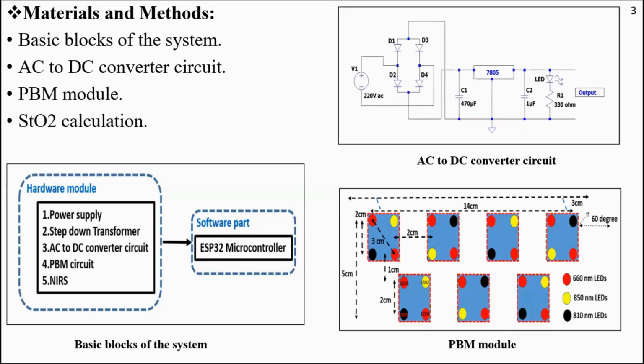In the first row there are 4 blocks, and in the second row there are 3 blocks. Vertically, the distance between 2 blocks is 1 centimeter, and horizontally the distance between 2 blocks is 2 centimeters. Diagonally the distance between 2 LEDs is 3 centimeters, and vertically the distance between 2 LEDs is 2 centimeters. The overall height and length of the device are 5 centimeters and 14 centimeters.